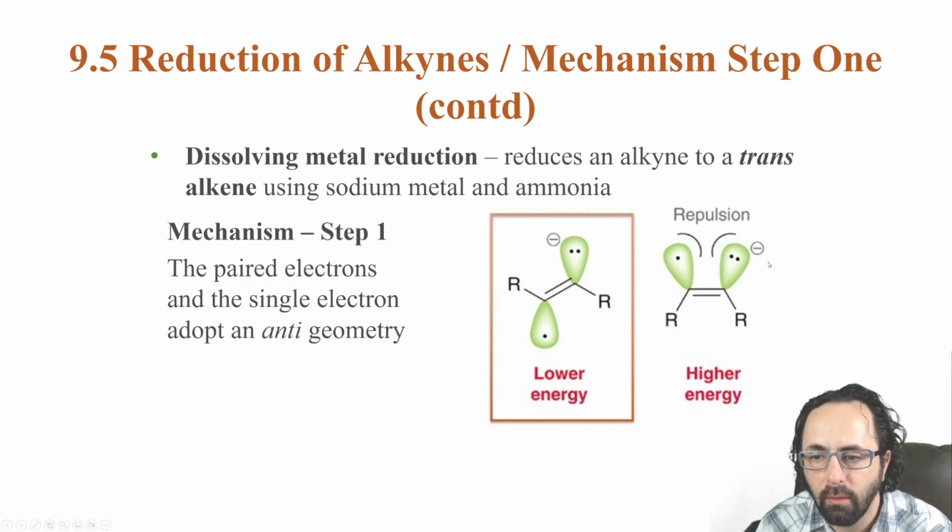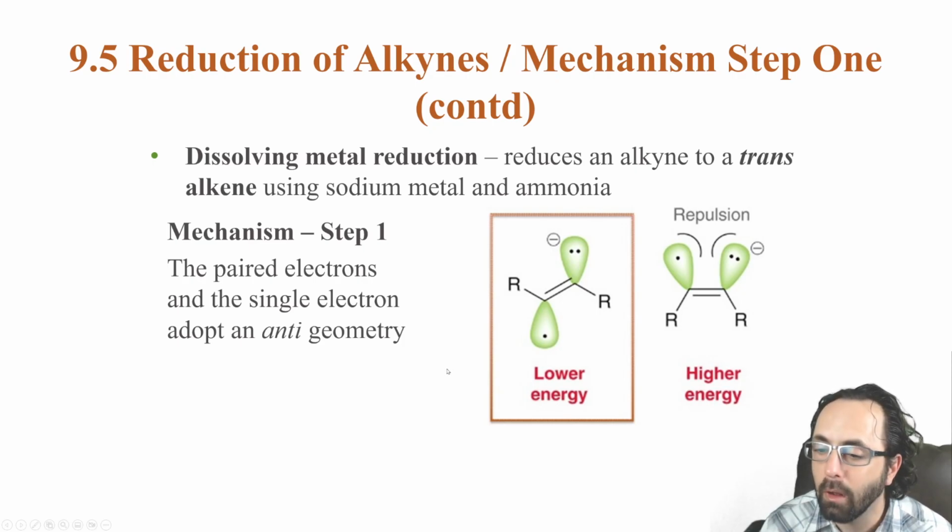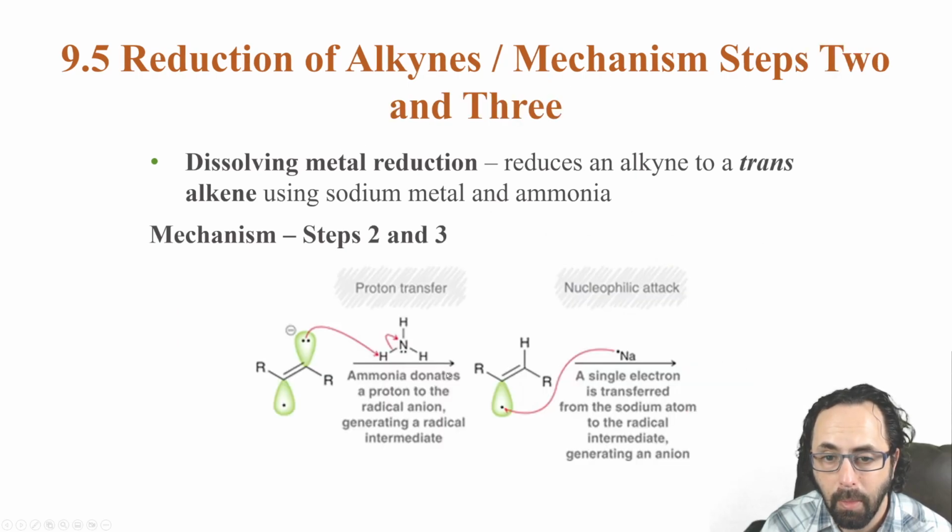That repulsion of these 2 orbitals here would be higher in energy. So this formation occurs instead in the way in which these electrons in these orbitals would be positioned on opposite sides. This is a great way to remember why the dissolved sodium reduction results in the trans addition of hydrogen.